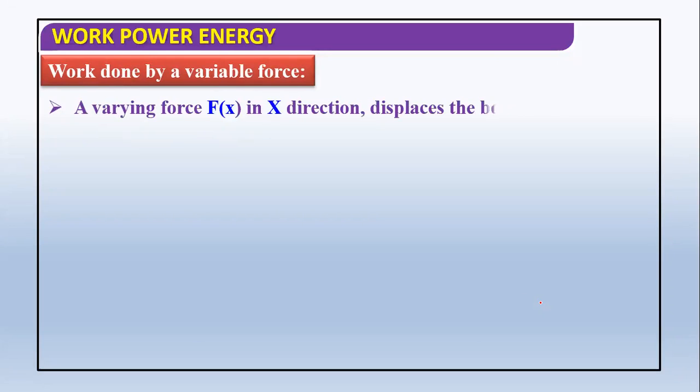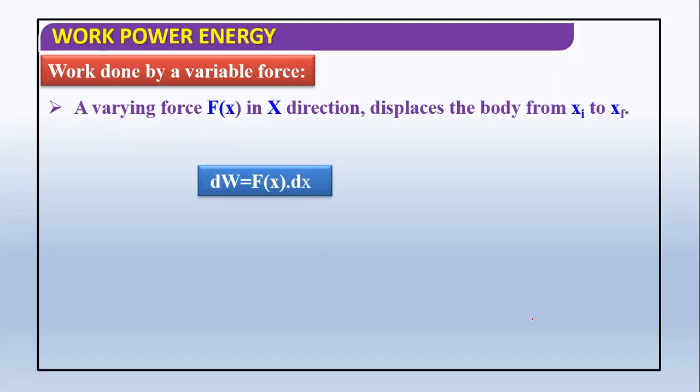Next, we will see variable force. Constant force we have already discussed, so the main thing is variable force. If a force is variable, how do we find the work done? We write it in this form. The force is a function of x. F(x) means function of x.